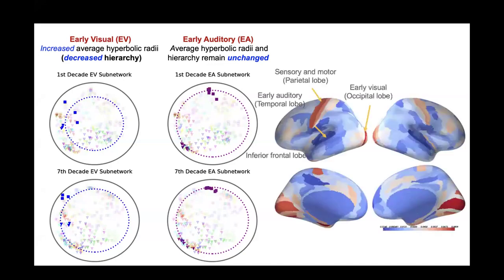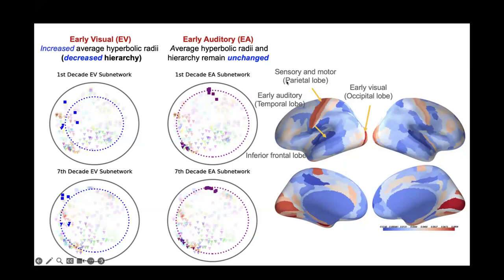And this is a visualization in the 3D human brain for the left hemisphere, this side, and right hemisphere. So this is the early visual subnetwork region, basically in the occipital lobe. They can process images and it is a very important area.